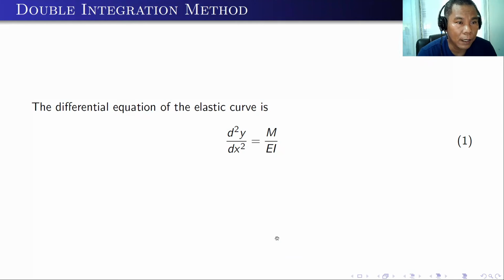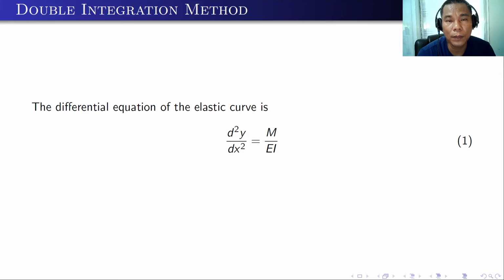In general, in the double integration method, the differential equation of the elastic curve is defined as d squared y, or v, over dx squared, which is equal to M over EI. Here, y is the vertical displacement or deflection, x is the horizontal distance from the origin towards the right.